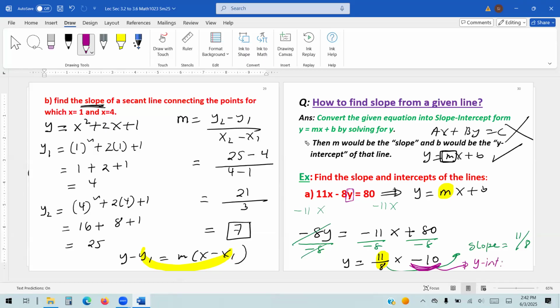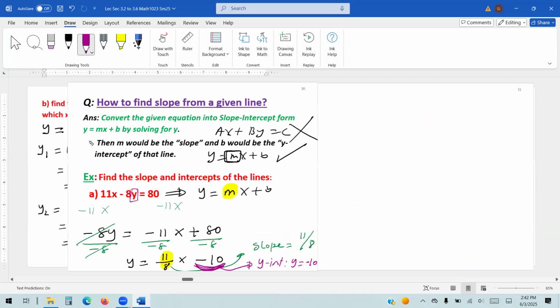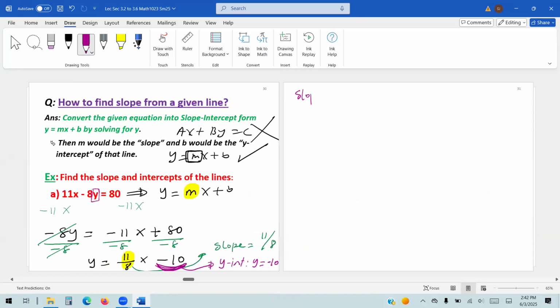Our y-intercept is y equals negative 10. So we found the slope is 11/8, and the y-intercept. Well, how do you write it as a point format? 0, negative 10.